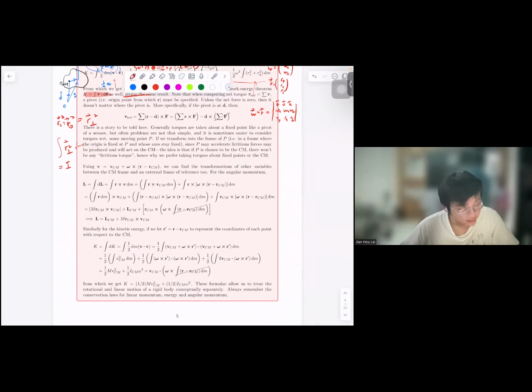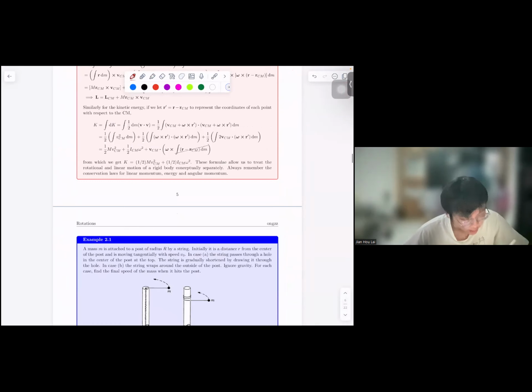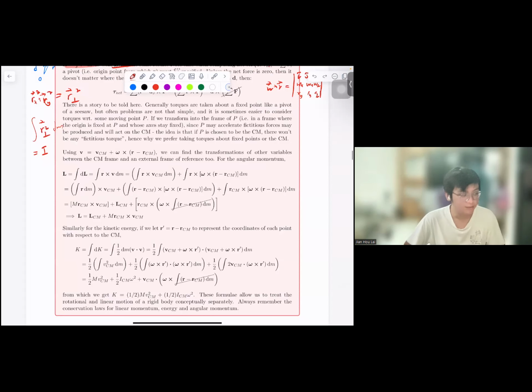This one, yeah, you can go through this derivation if you wish to. This will be the cancellation because of this, which is defined as the moment of inertia about the center of mass.